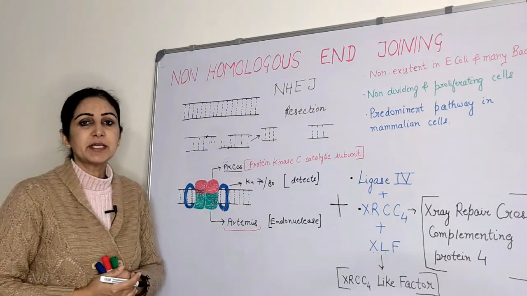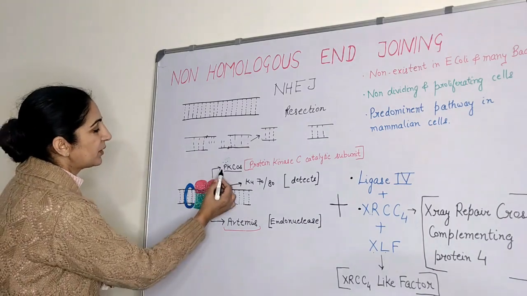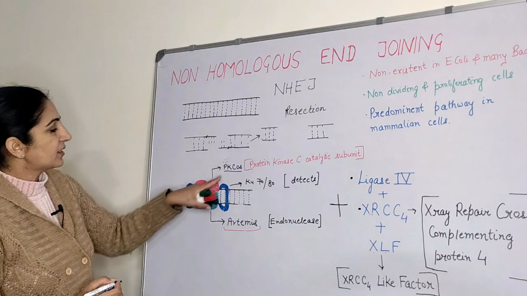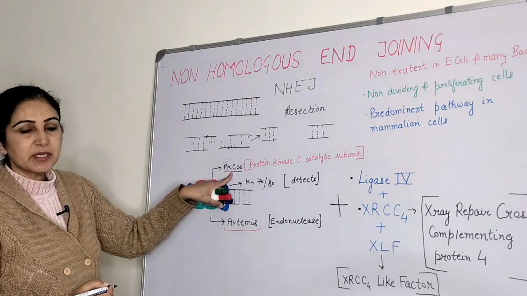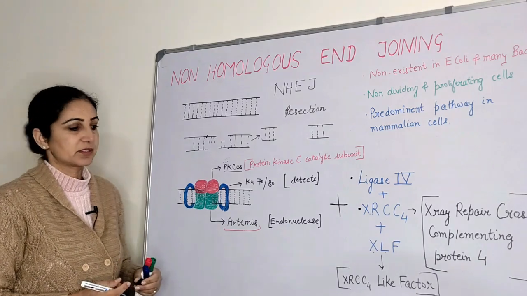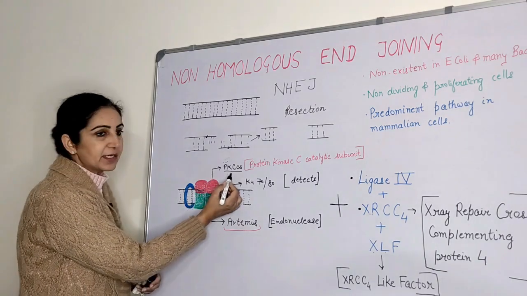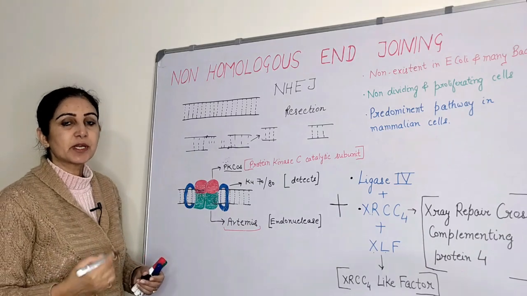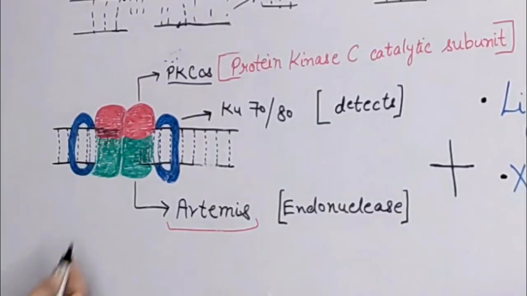After binding to the DNA molecule, this DNA-PKcs gets activated. It is a kind of kinase protein, so we all know it can phosphorylate other proteins. So after getting activated, this protein can now phosphorylate other proteins.